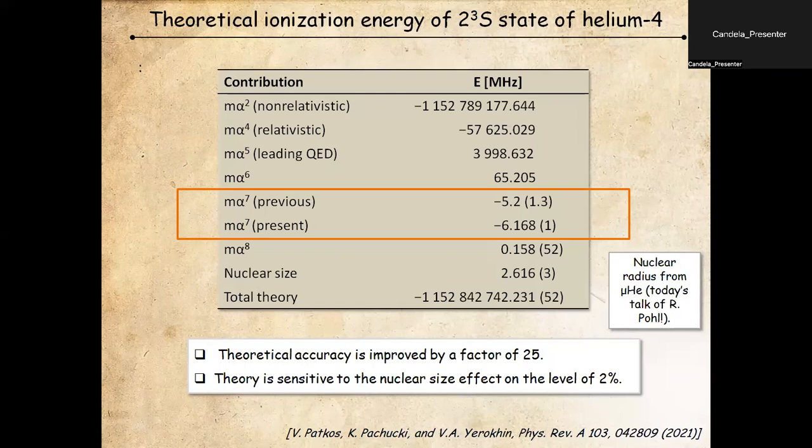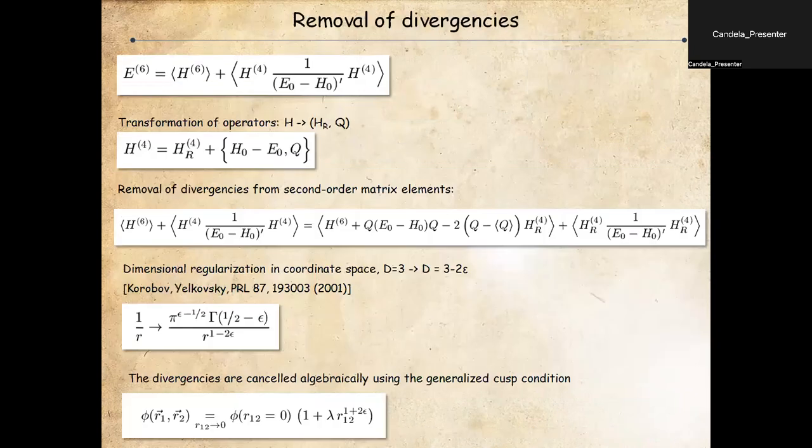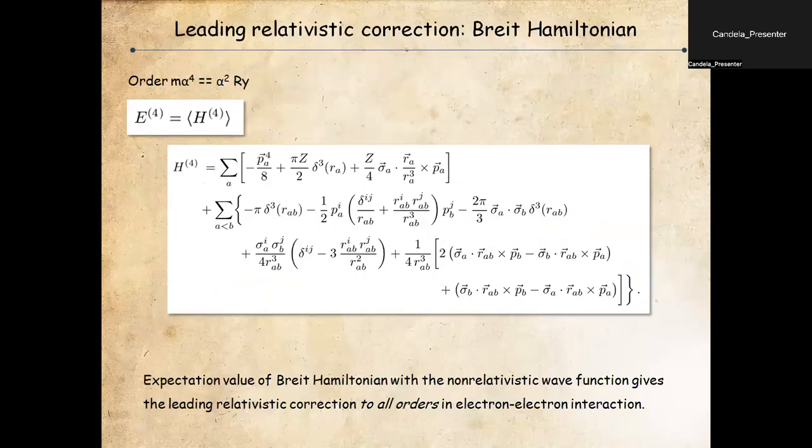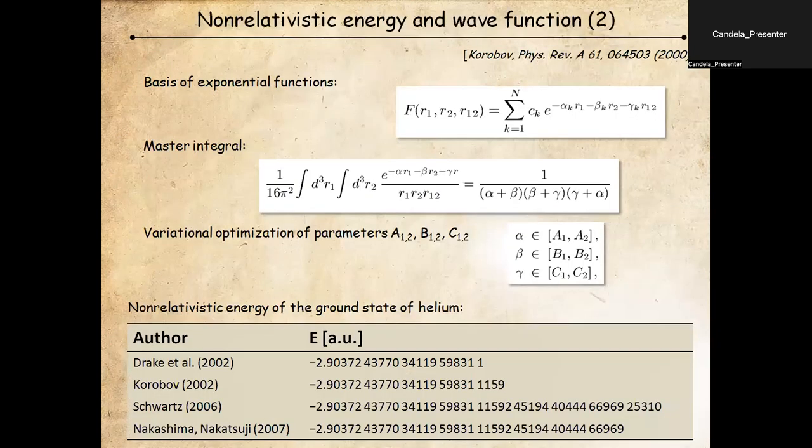I just wanted to ask about the basis functions that are being used. I don't know exactly where they come from, but could you speak to whether they are reliable for the full range of r1, r2, and r12, or is there a special limit where you stop trusting that basis set? Probably we have not yet reached the limit where you don't trust the wave function.